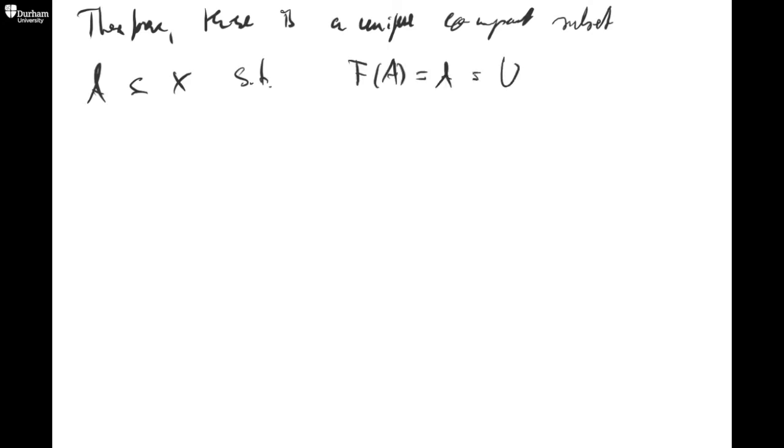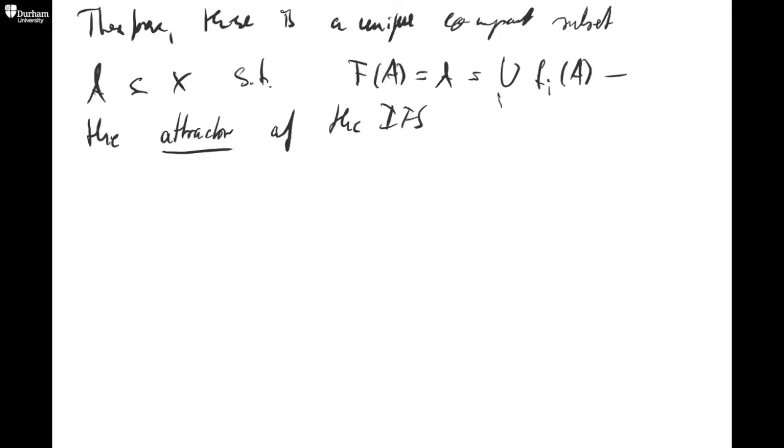Well, this was just the union over all i of Fi of A, okay. And this set is also referred to as the attractor of the IFS.